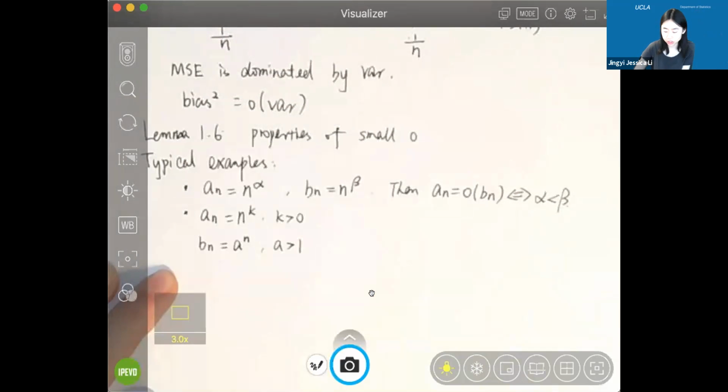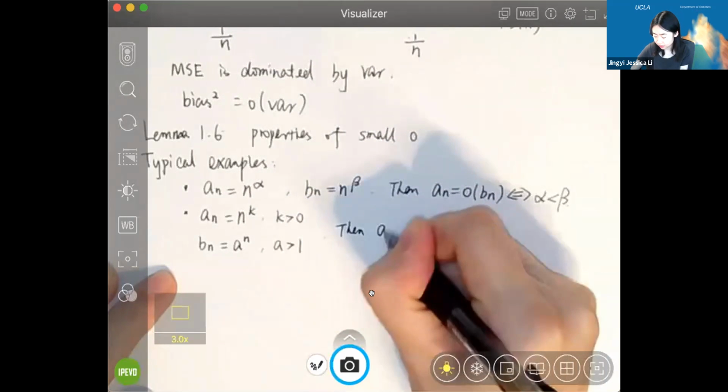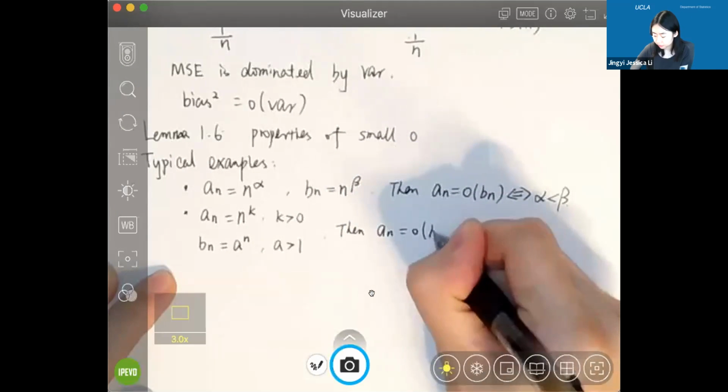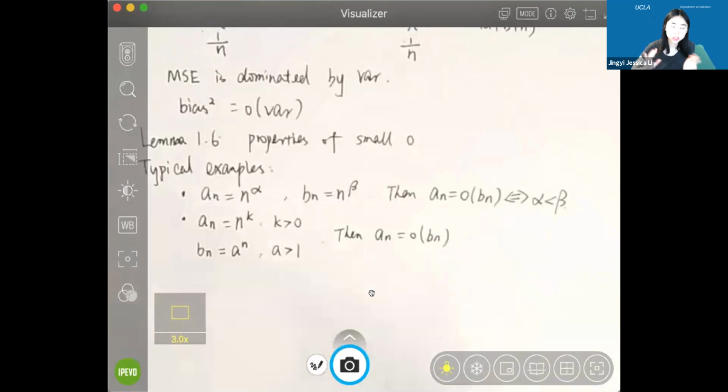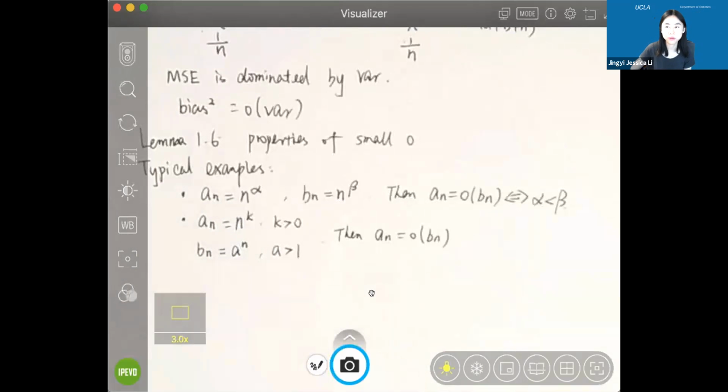In this case, we always have an is small o of bn. In other words, for increasing series, exponential growth is always faster than polynomial growth. This is the intuition behind why we desire compound interest when we do investment.